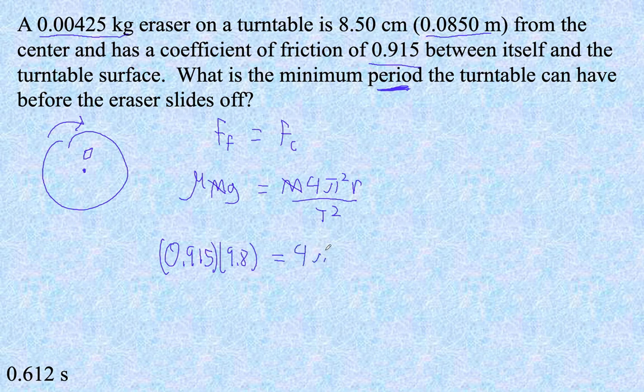4 pi squared. Let's see, r is this, so 0.085, then divided by t squared. All right, let's math this thing.